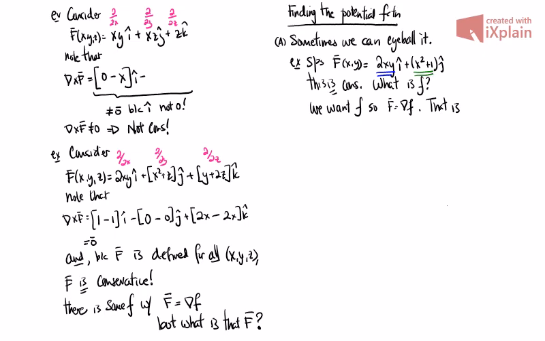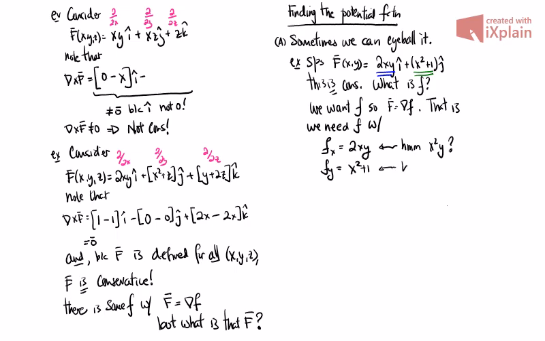So we need little f with little f sub x being 2xy and little f sub y being x squared plus 1. Now, you might look at this for a little while and work it out in your head. You might think, if I take the antiderivative with respect to x, I get something like this.